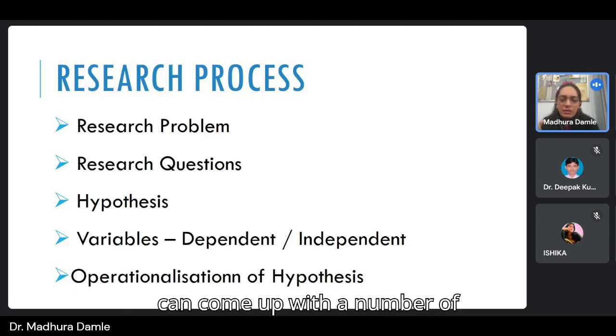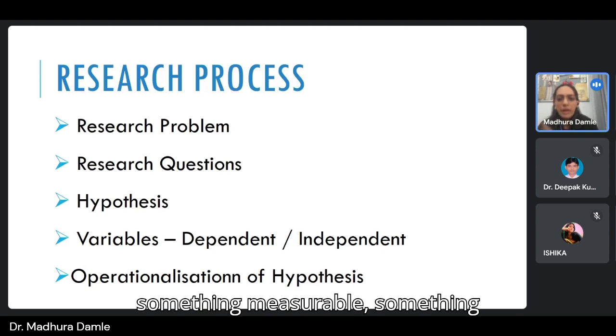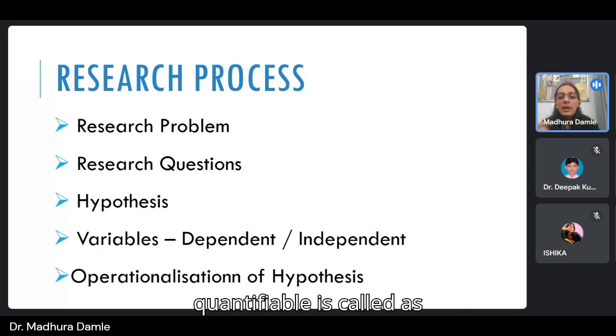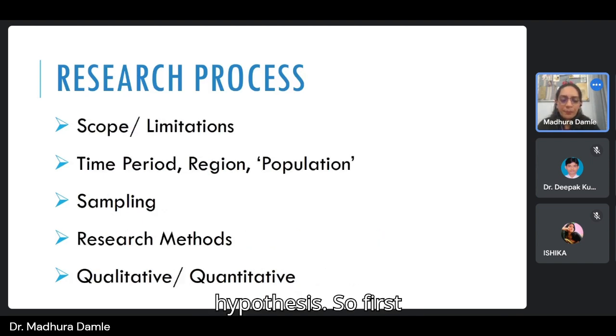So we can come up with a number of indicators of empowerment. So translating these variables in a hypothesis into something measurable, something quantifiable is called operationalization of hypothesis.